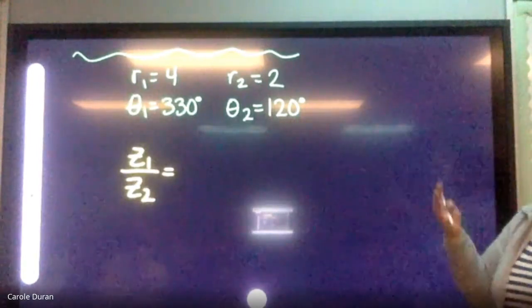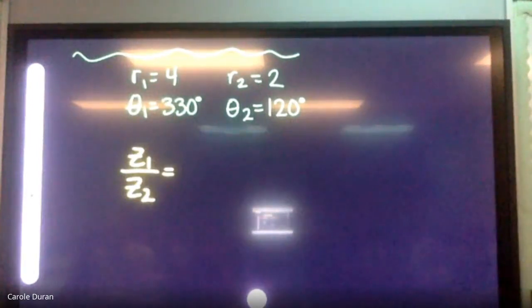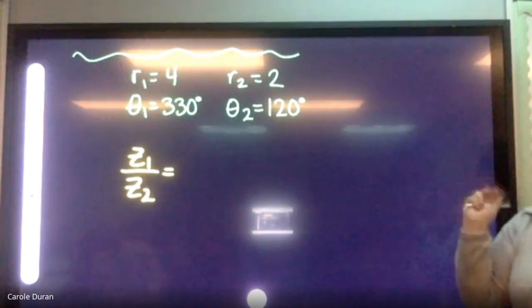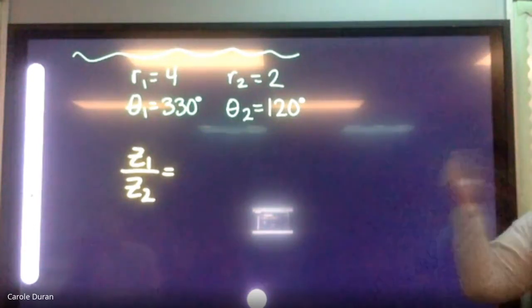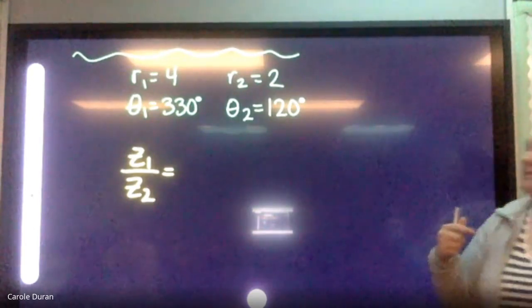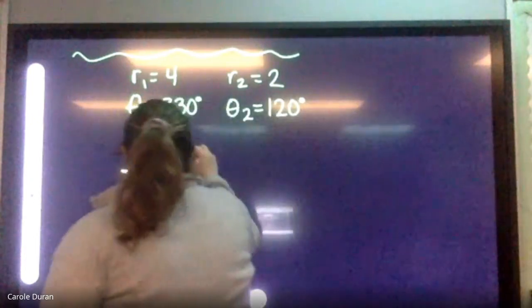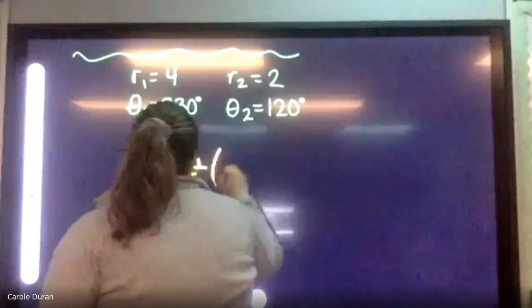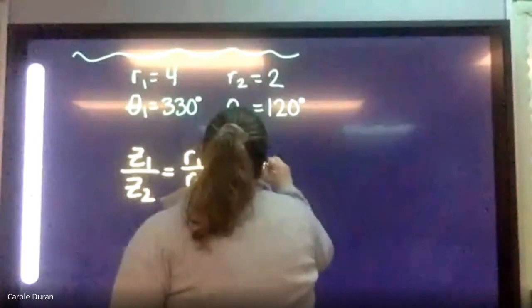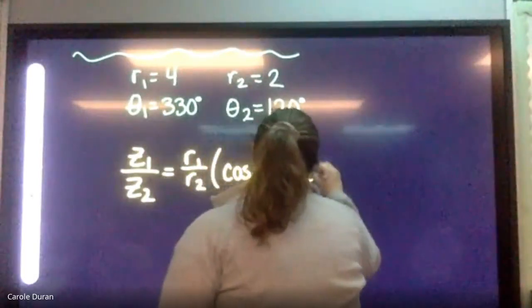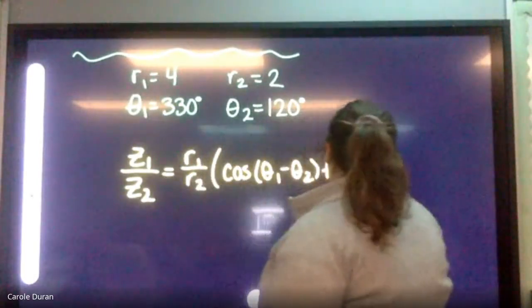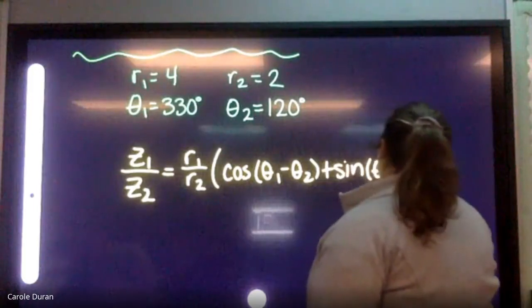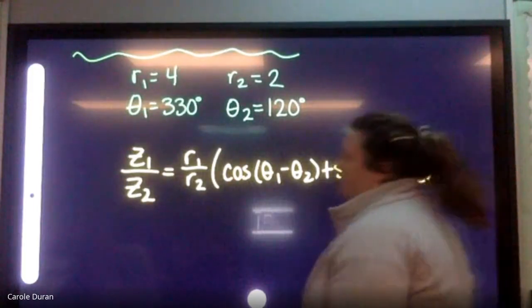Just like we did on the previous example, I'm just going to go ahead and write out what that division formula is, and then we're going to fill in the appropriate values. So that division formula said I do R1 over R2 times cosine of theta 1 minus theta 2 plus sine of theta 1 minus theta 2 i.